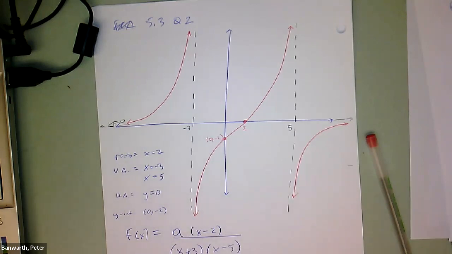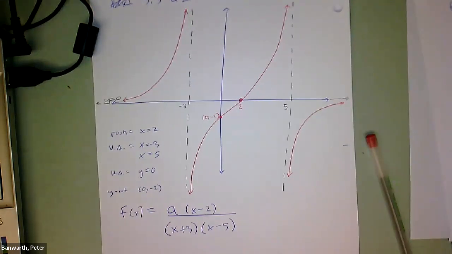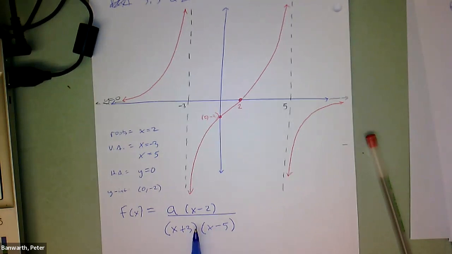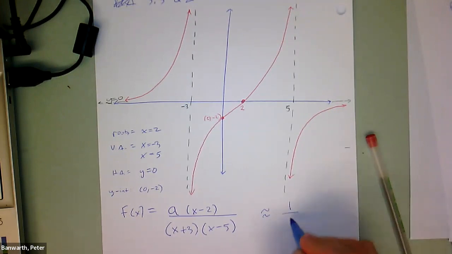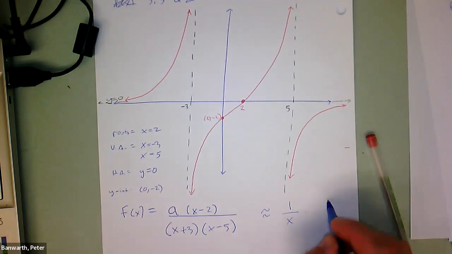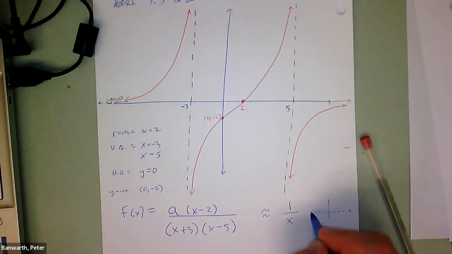I don't know what it is, so I'll just put an a in. And now let me check and make sure this is going to end up going to 0. The closest companion function it looks like is 1 over x, because you have an x over an x squared. And yes, that does have a horizontal asymptote at y equals 0.